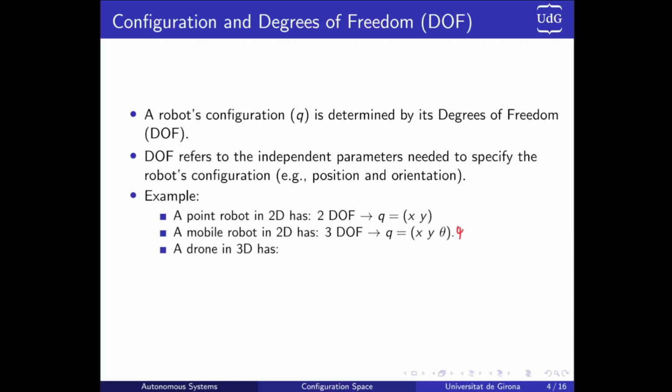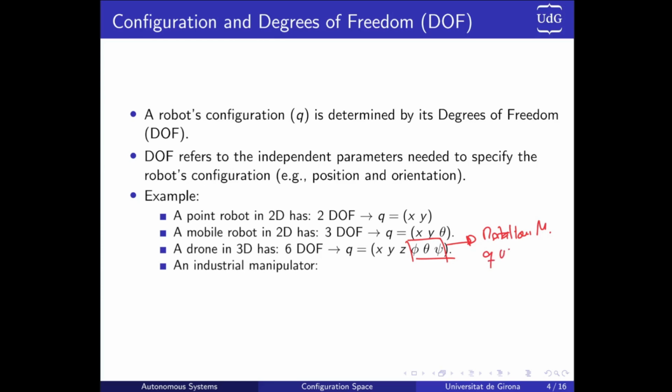However, if we have a drone moving in the 3D world, then x, y, and theta are not enough to represent it. What we need is x, y, z for the altitude, and then the three rotations. And normally we don't like to use Euler angles a lot. Instead, we will use rotation matrices or quaternions.